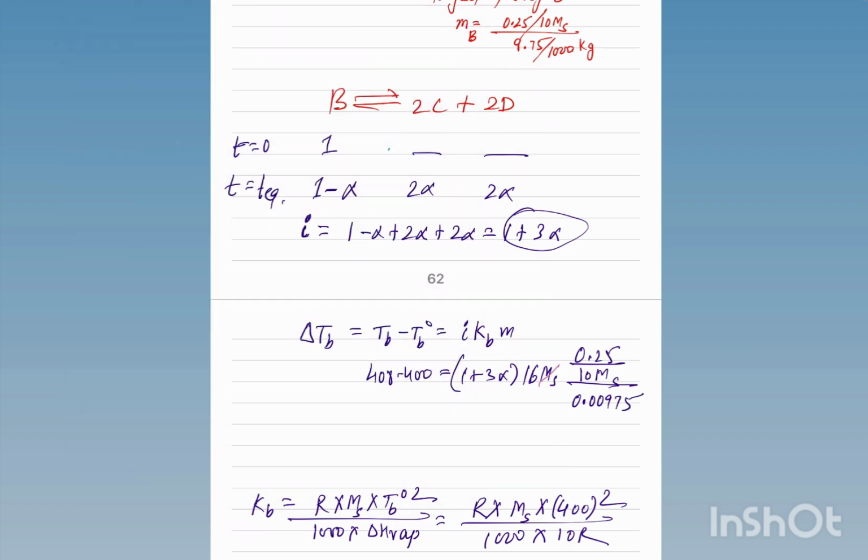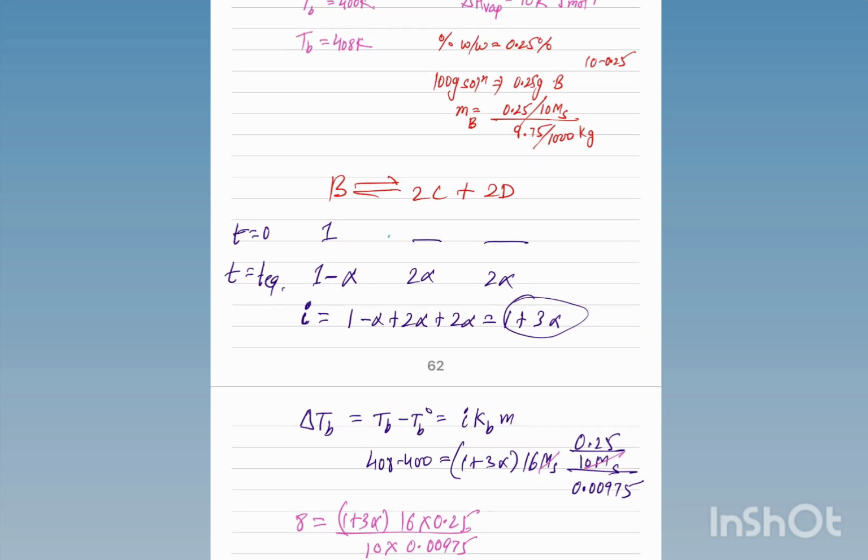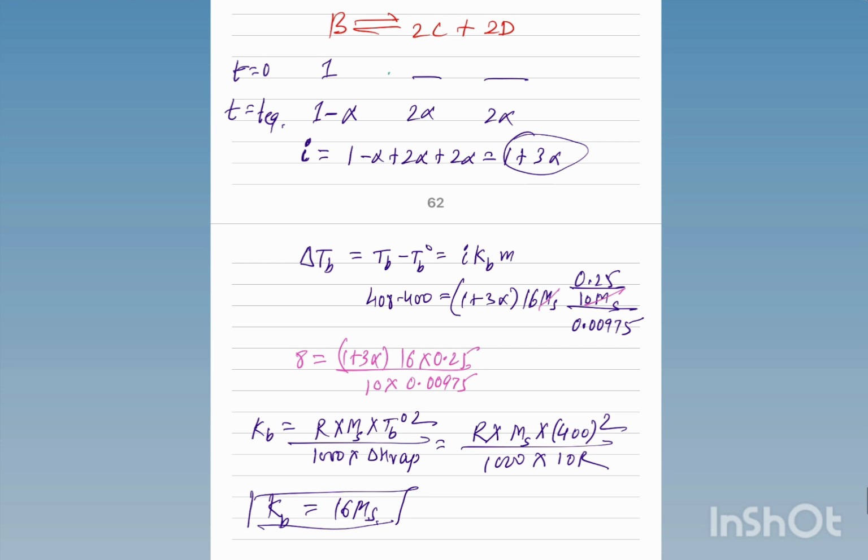Now this Ms will be cancelled out and this will be 8 equals 1 plus 3 alpha into 16 into 0.25 divided by 10 into 0.09975.